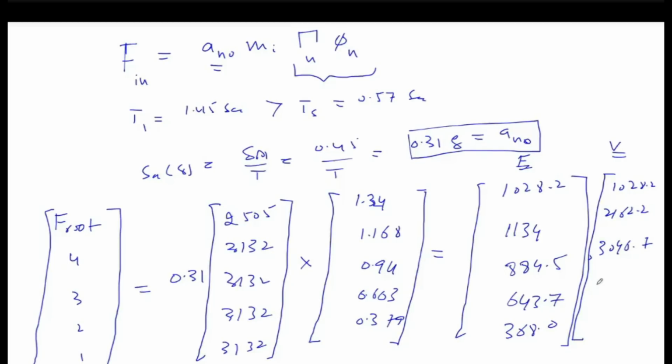Sum the other four, it will give you 3690.4, and then 4058.4. Okay, so this way you can obtain the story shear for every mode.